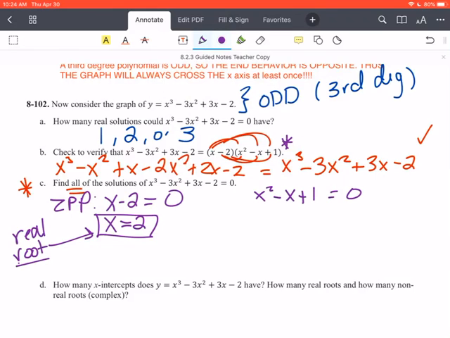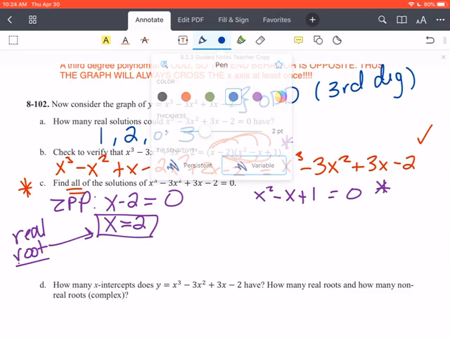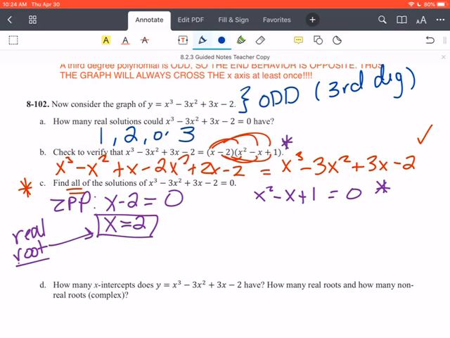But now when I solve this factor, it's still quadratic. So now when we're using ZPP, we have to still use a formula within a formula. Okay, so we have x equals the opposite of b. I'm going to use the quadratic formula to figure out what x equals in this. You could try to factor, but I'm going to tell you, it doesn't factor.